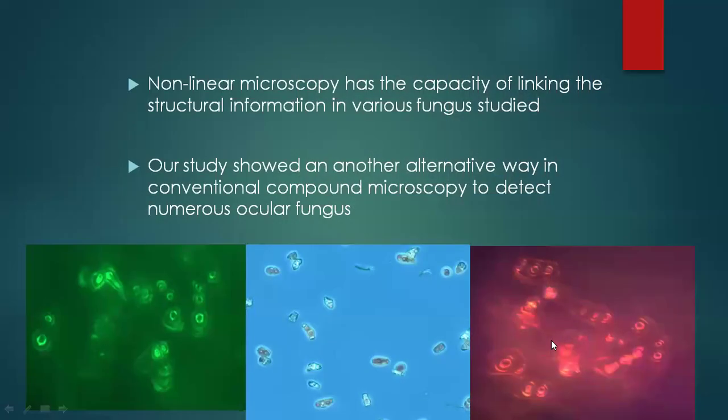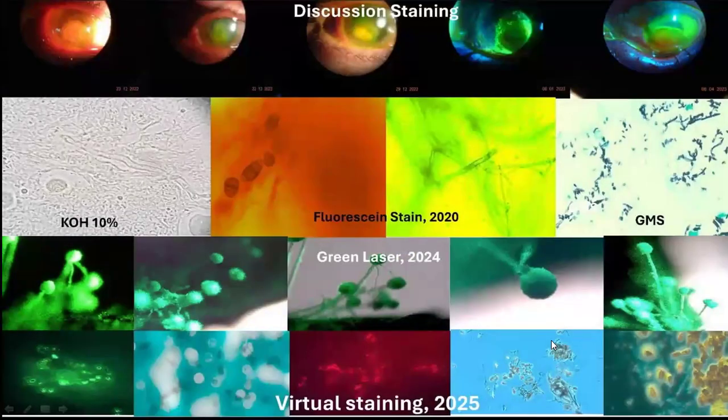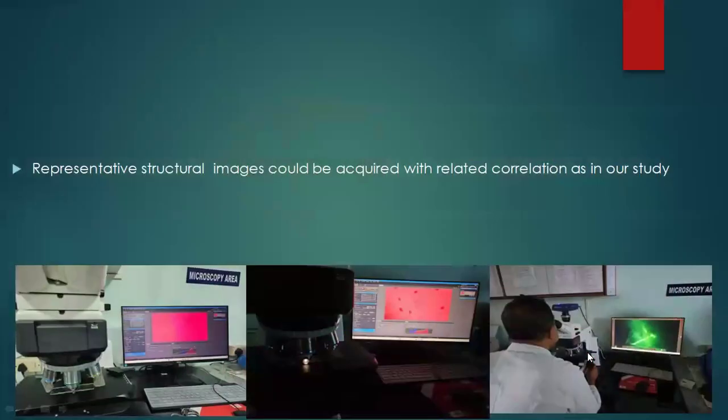So this is yet another alternative way of conventional compound microscopy to detect numerous ocular fungi, particularly the septate ones. See this clinical picture, the stained 10% KOH with fluorescein and GMS. These are the lasers which have been used, and these are the virtual stainings in the 2025 study that we have done. Representative structural images could be acquired with related correlation as in our study.